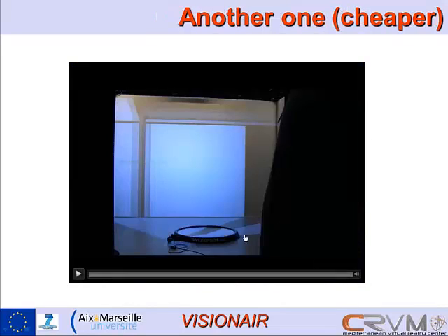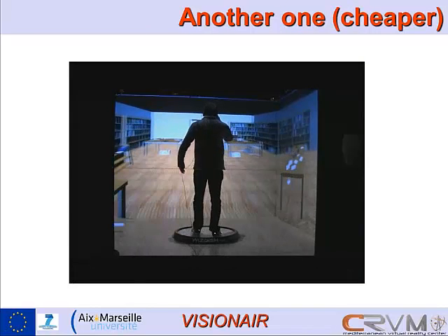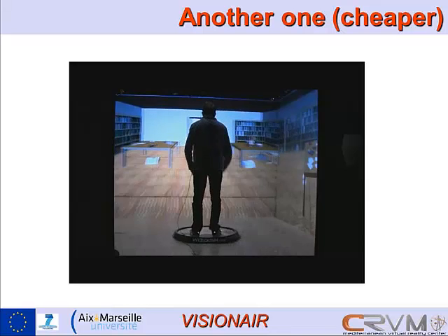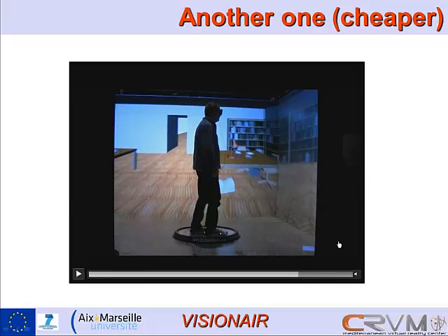This is a low-cost version of the omnidirectional treadmill. Just to show you that in this case the movement of the feet are quite unnatural. It's like the subject were roller skating or ice skating or something.